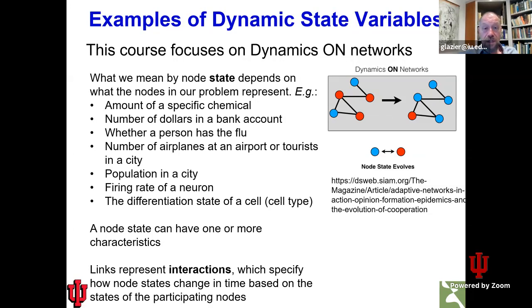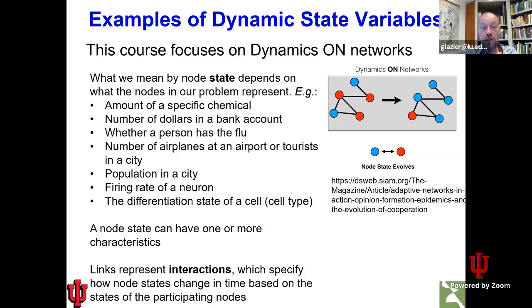The state would represent how much money is in each bank account. The nodes might represent people in the population. The state would be, do you have flu or not? And these days we might ask, how many days has it been since you got the flu? And how sick are you? What's your fever?